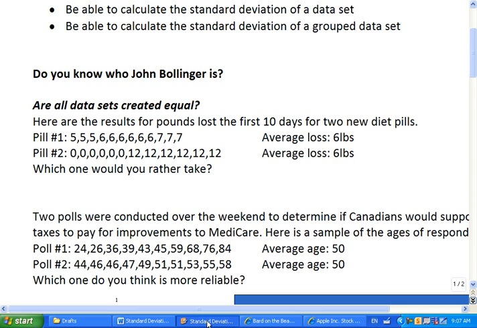Whereas pill number 1, the standard deviation would be very small because everybody is close to the average number of 6. Okay? So in reality, if you could pick one, pick pill number 1 because that means just about everybody loses 6 pounds. But pill number 2, the problem would be that, how do you know that these people here aren't athletes that were out of training for the summer and that this company conveniently chose September as the time to test them because now they got to get back into shape?